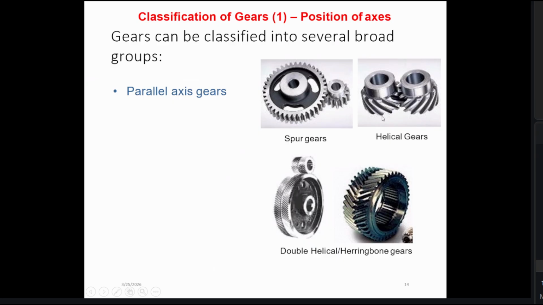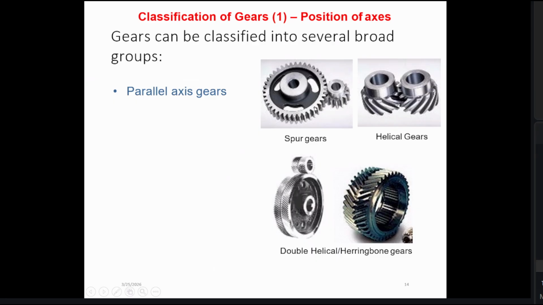And also we have helical gears. In helical gears, the teeth are oriented in a helix manner, right? If we wrap a helix around the axis, these profiles are located along the helix, right?